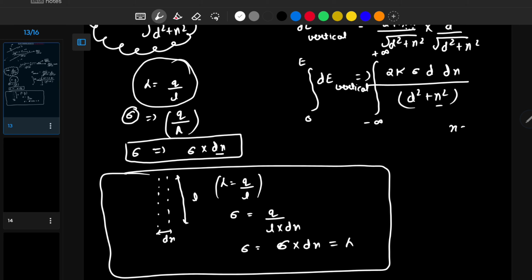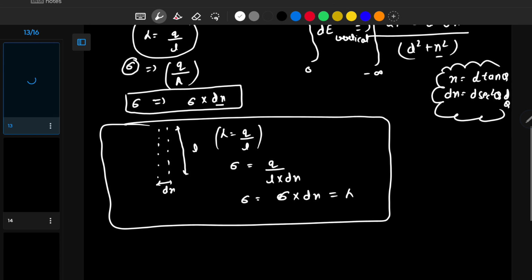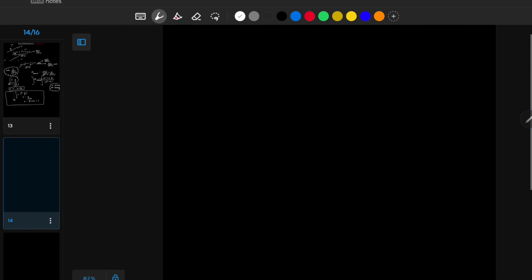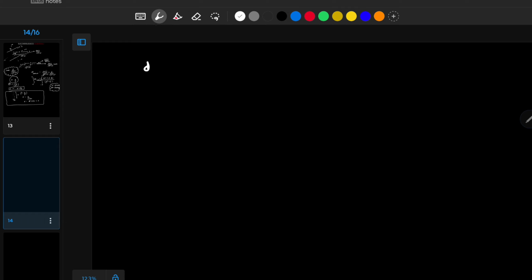We are going to take x equals d tan theta, and dx would be d sec square theta dθ. So E equals the integral from minus infinity to infinity of 2kσ d dx over d square plus x square.